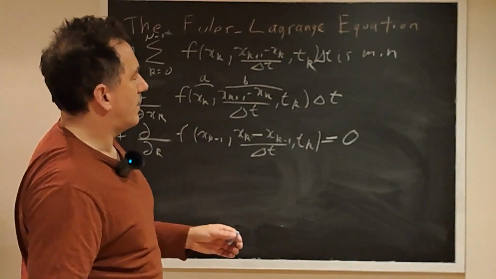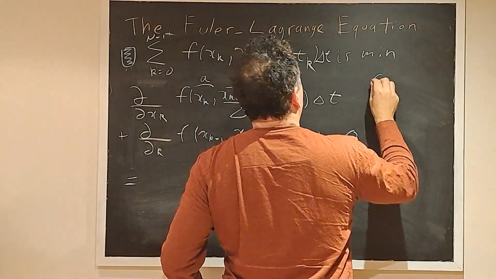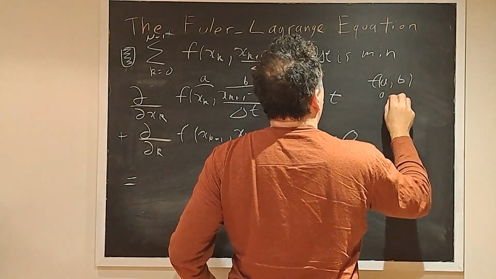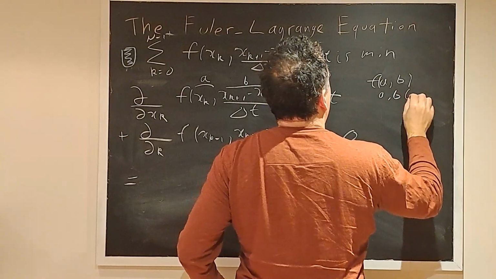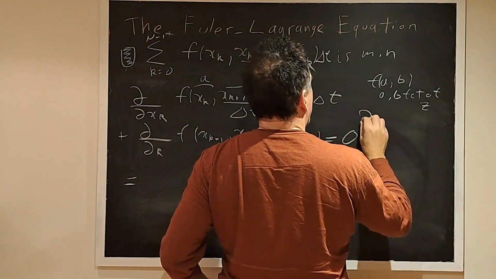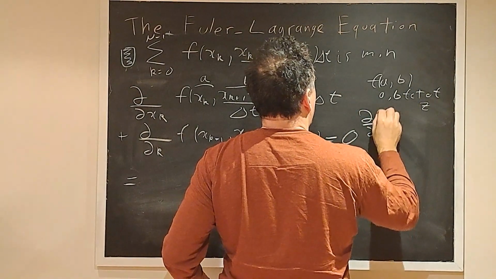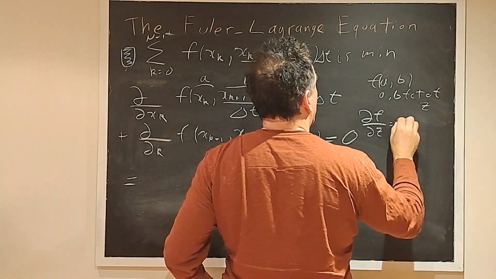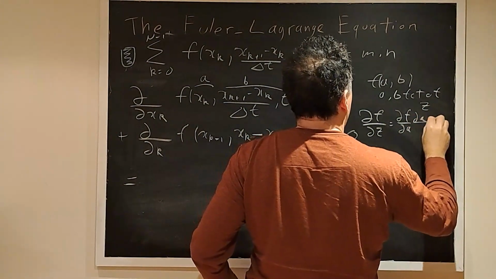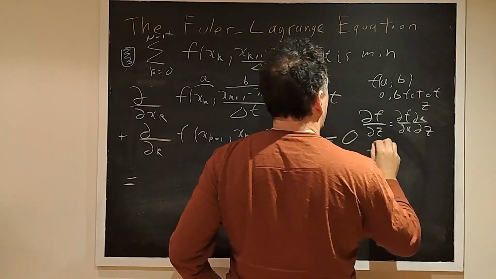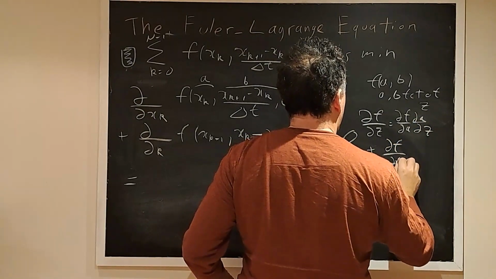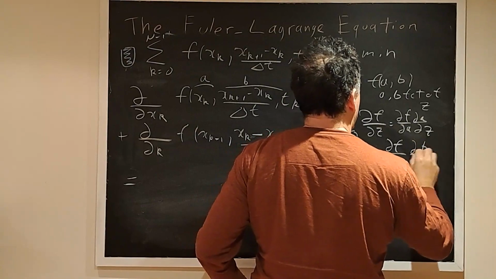Maybe this is not clear. The way to see it is that if you have a function of a and b, and a and b are functions of z, then del f del z is equal to del f del a times del a del z, plus del f del b times del b del z.